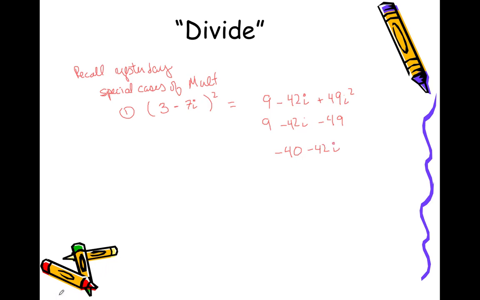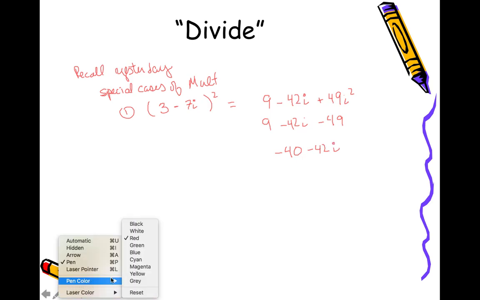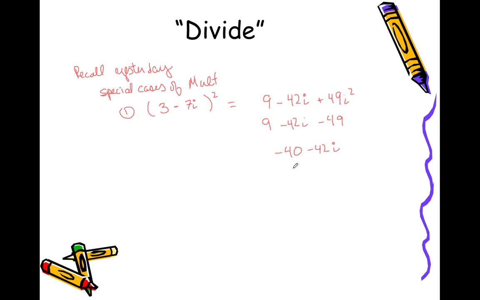And remember, a complex number is of the form a plus or minus bi. So a in this case is -40. And b you can either think of, if you're doing plus, it would be -42i, or if it's minus 42. Right? Either way.